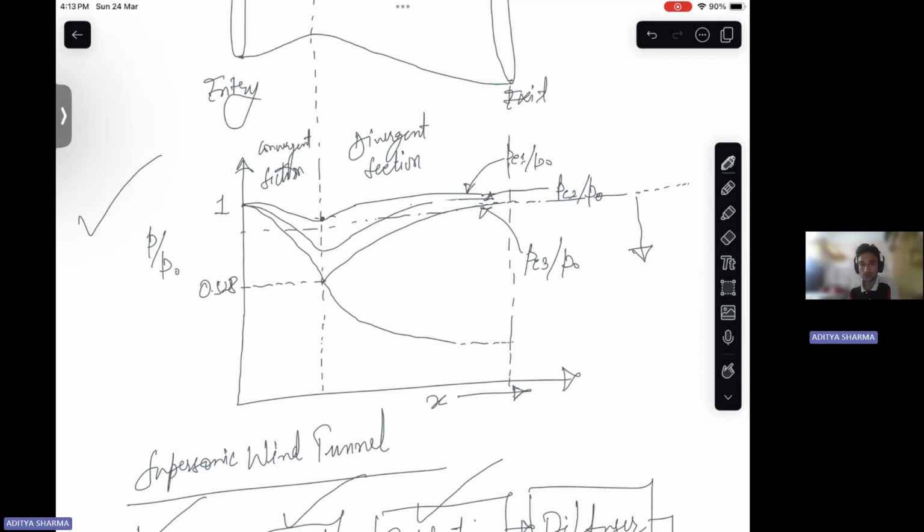So what happens is, if we further lower the exit pressure of this nozzle, we start getting a shock, right?